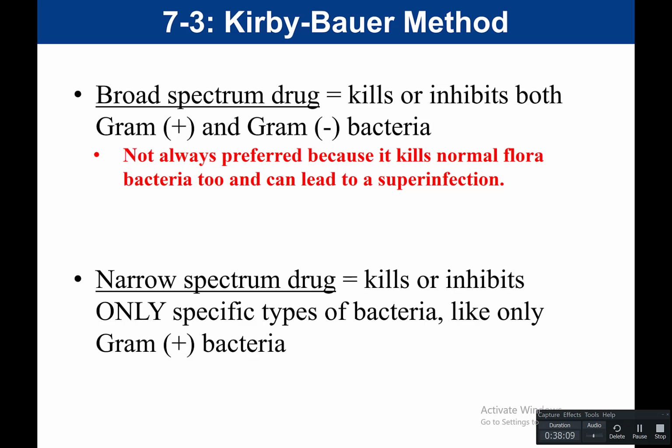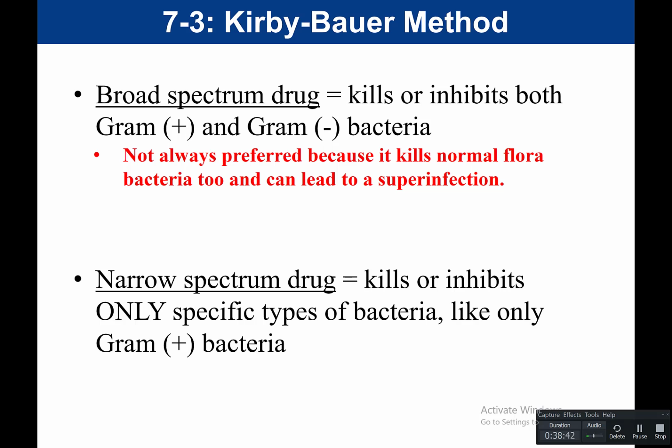One of the side effects that you'll see sometimes with a broad spectrum is that for females, for example, you might end up with a yeast infection as a result. That's because when you take that broad spectrum, you're not only getting rid of the bad bacteria, but you're getting rid of the good bacteria too. And now you're getting rid of the good bacteria that are normally competing with other organisms for limited resources.